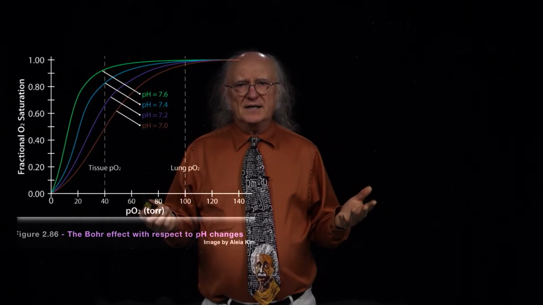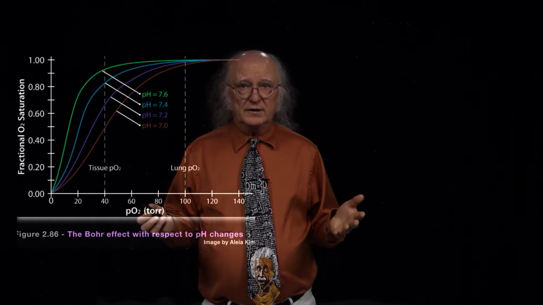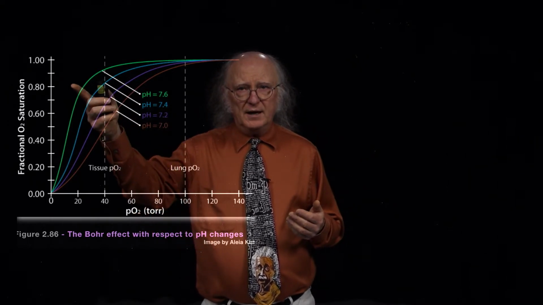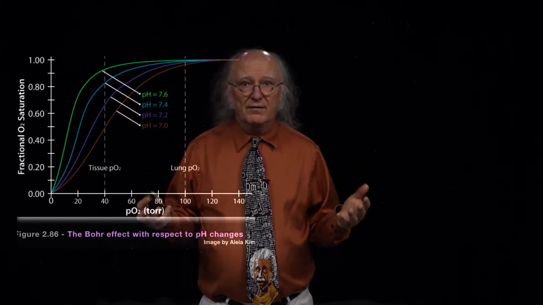But what does that mean for the body? Well, rapidly metabolizing tissues, like our muscles, for example, release protons. And we've seen earlier that the release of protons lowers the pH. If we go from a high pH to a lower pH, we see that hemoglobin is losing affinity for oxygen. It's letting go of oxygen.